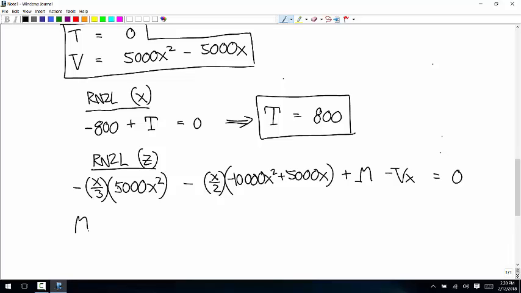All right, so m is equal to, we have positive vx plus 1666.6 repeating x cubed. That's plus.